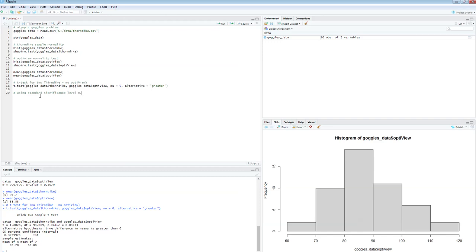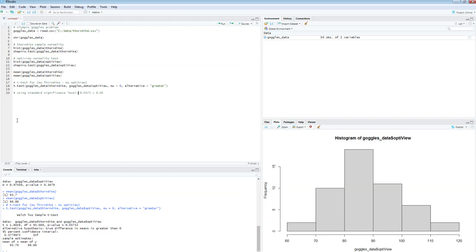Our p-value 0.0373 is less than 0.05. So my p-value is less than my significance level.